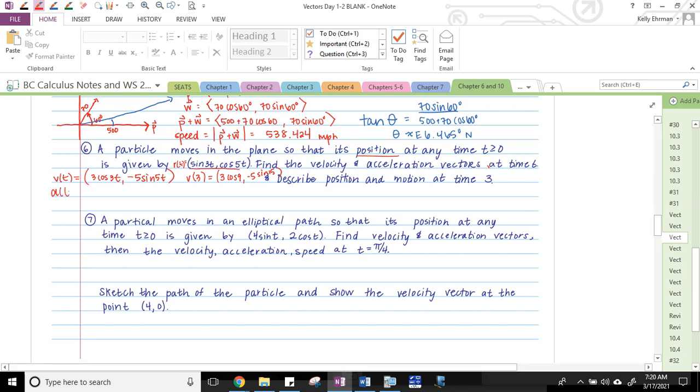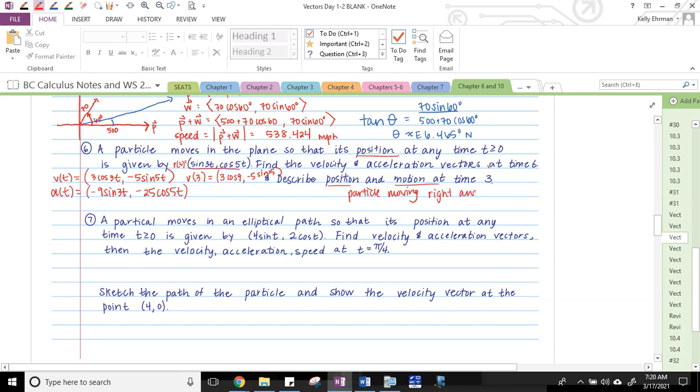And then a of t would be negative 9 sine of 3t, negative 25 cosine of 5t. And describe position and motion at time 3. So motion would be velocity. So based on the velocity, I can see that the particle is moving to the right.